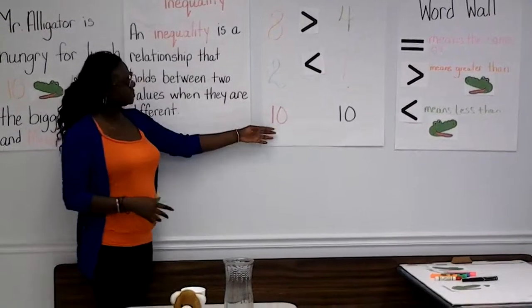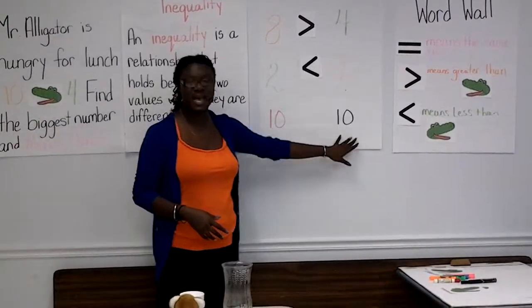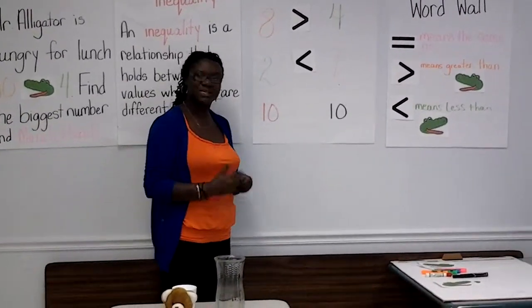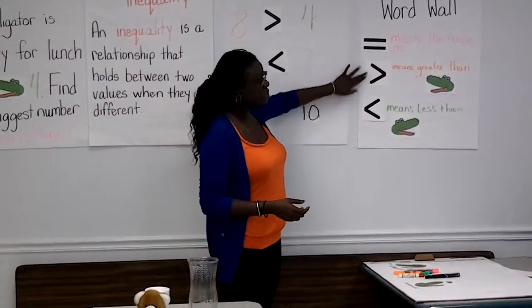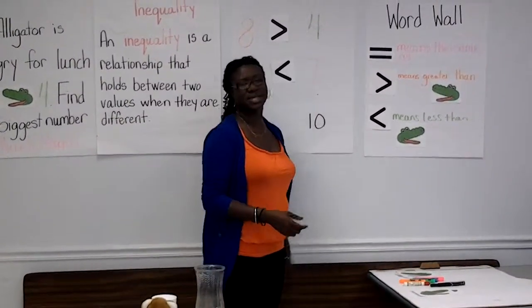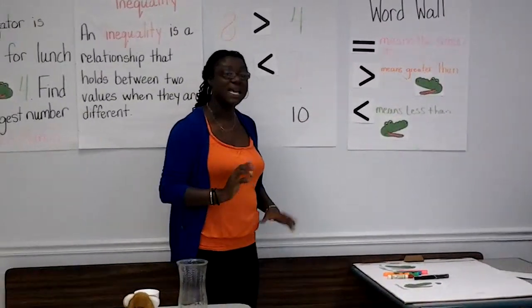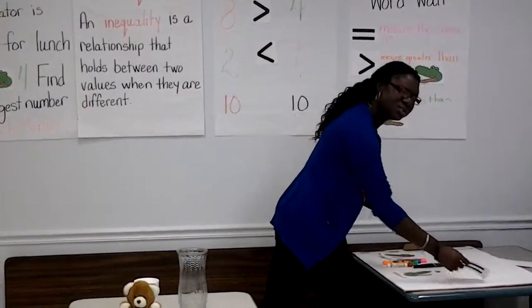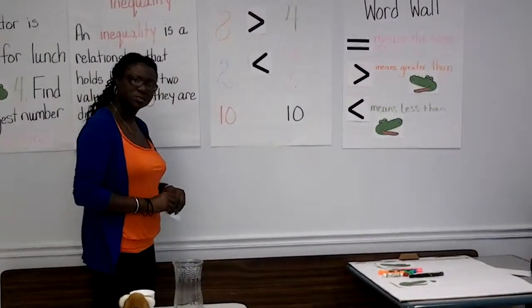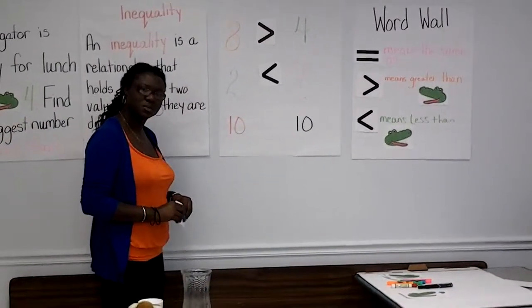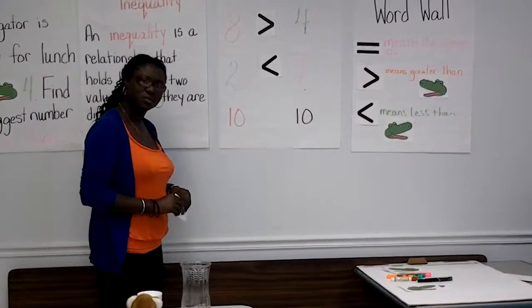And what about this one? 10 and 10. What sign would you use? Would you use the equal to, greater than, or less than sign? Equal to. Why would you use the equal to sign? Because it's the same number.